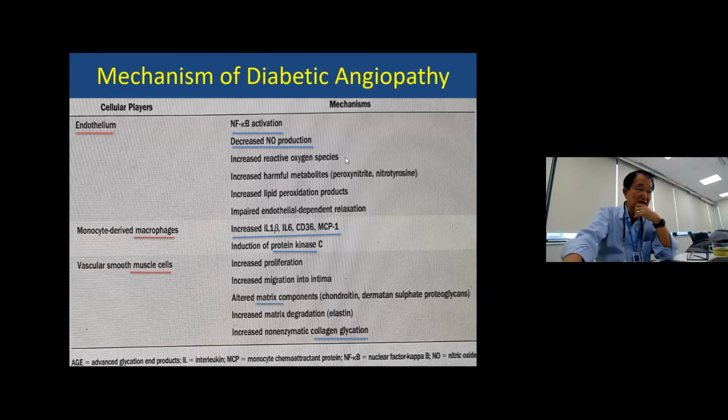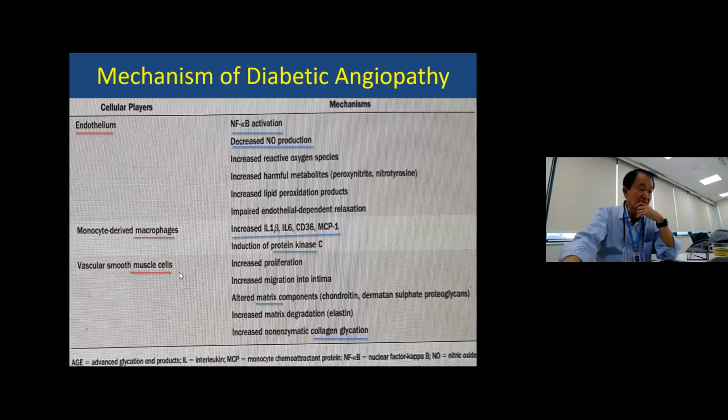It's toxic. Certain harmful metabolites increase, the lipid peroxidation products increase, and they impair endothelial relaxation. Certainly macrophages, as I mentioned earlier, increase all the cytokines, like IL-6, which is pro-inflammatory. And the all-important thing is that protein kinase C is increased. So that's why there's clotting.